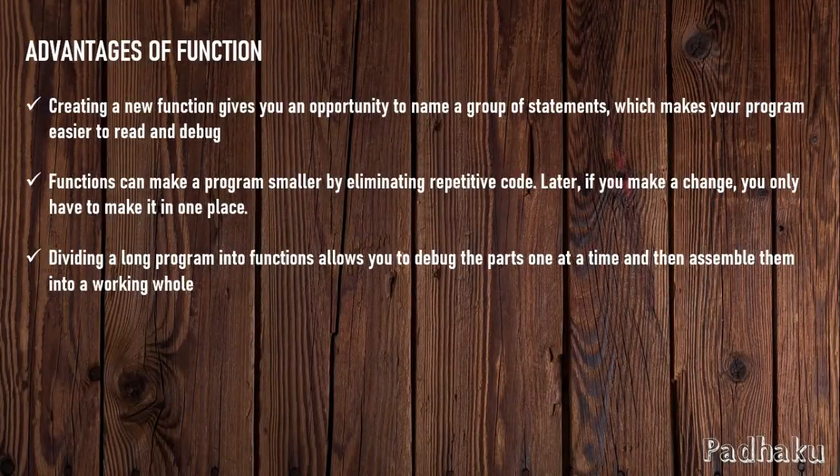Dividing a long program into functions allows you to debug one part at a time and assemble them into a working whole. It means if we have a big problem, we can divide it into smaller ones. This strategy is called divide and conquer. We can solve the smaller problems individually and assemble them in the end.